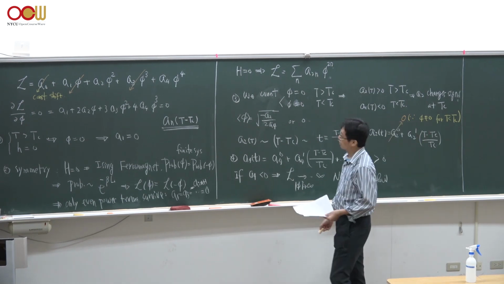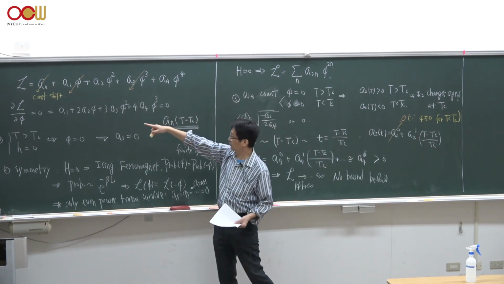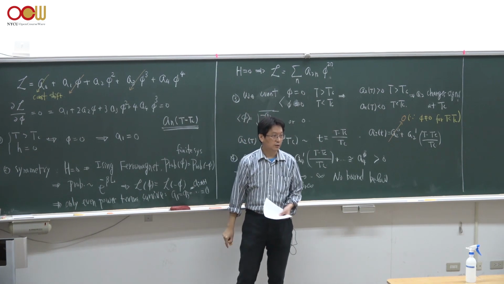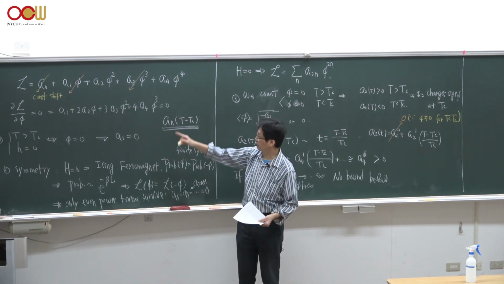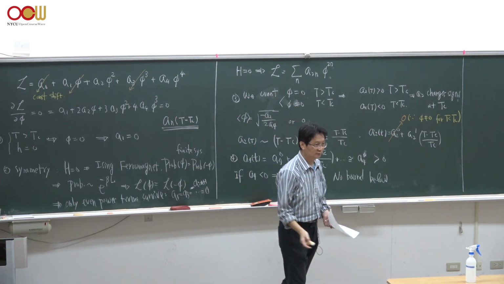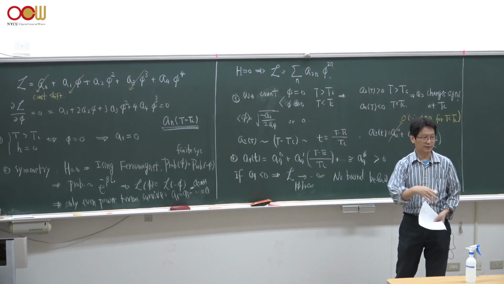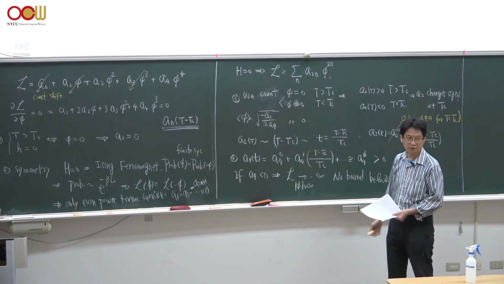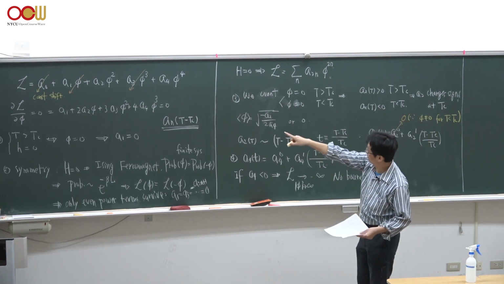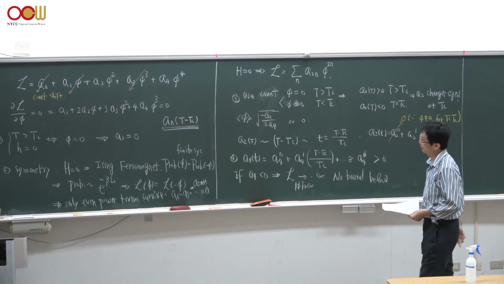All this kind of calculation involves only the derivative of this free energy density with respect to phi, and this A0 doesn't play any role. So we can simply fix A0 to be 0 and forget about it. Then we have only two terms left, A2 and A4.